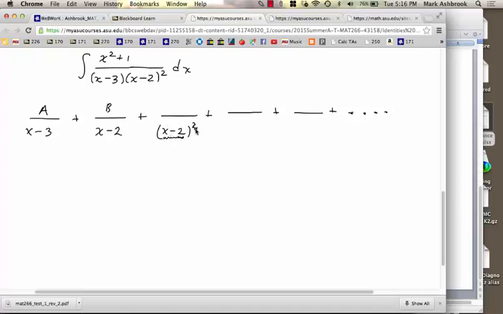Even though this is squared, this is not degree 2. So it's degree 1, and we just need C. You're not going to use B again. You have a different constant for this. When it's squared in the original one, it makes the bottom third degree, but when you break it out in decomposed form, it's first degree. You're focusing on the x minus 2, the fact that this is linear, or degree 1.